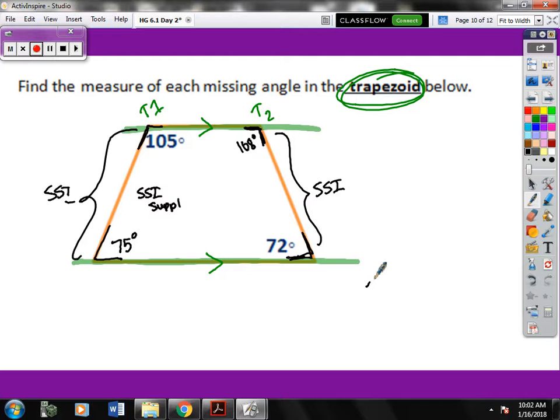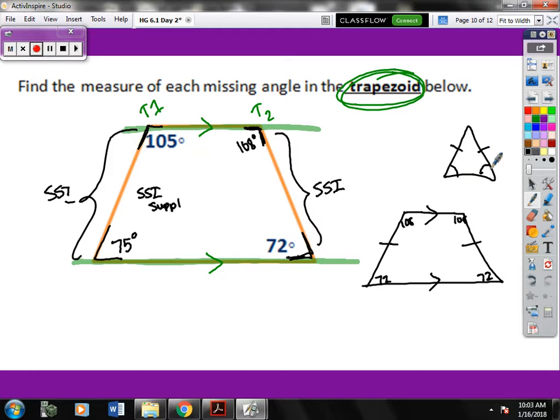Now, if it were an isosceles, just to give you another example, if I were to tell you it's an isosceles, you would actually know that the two base angles will be congruent. So like if this was 72, this would be 72, and then your tops would be 108 and 108. So if it does have markings for isosceles, just like in an isosceles triangle, we have two base angles congruent. In an isosceles trapezoid, you'll also have two base angles congruent, if you were to see them.